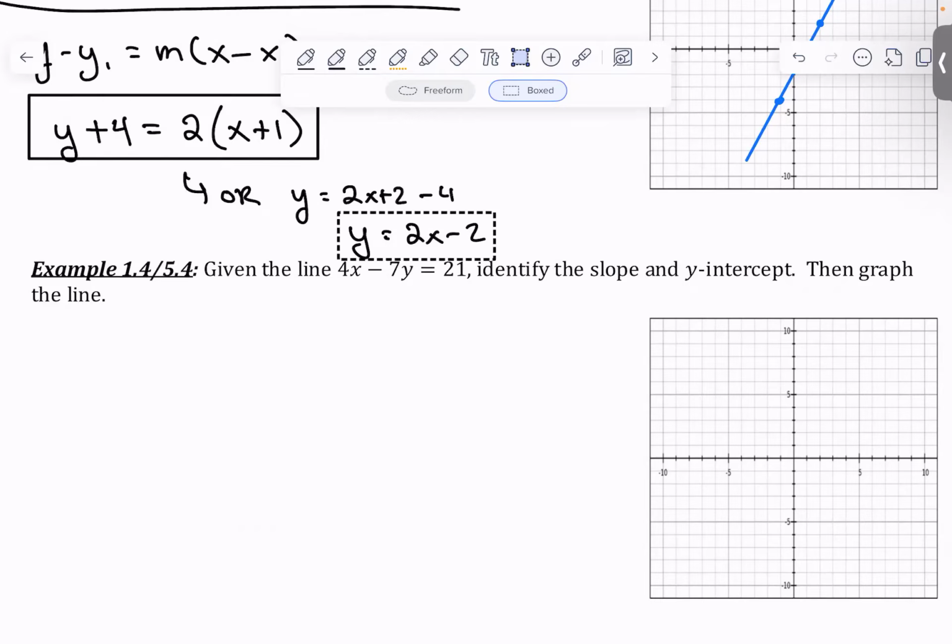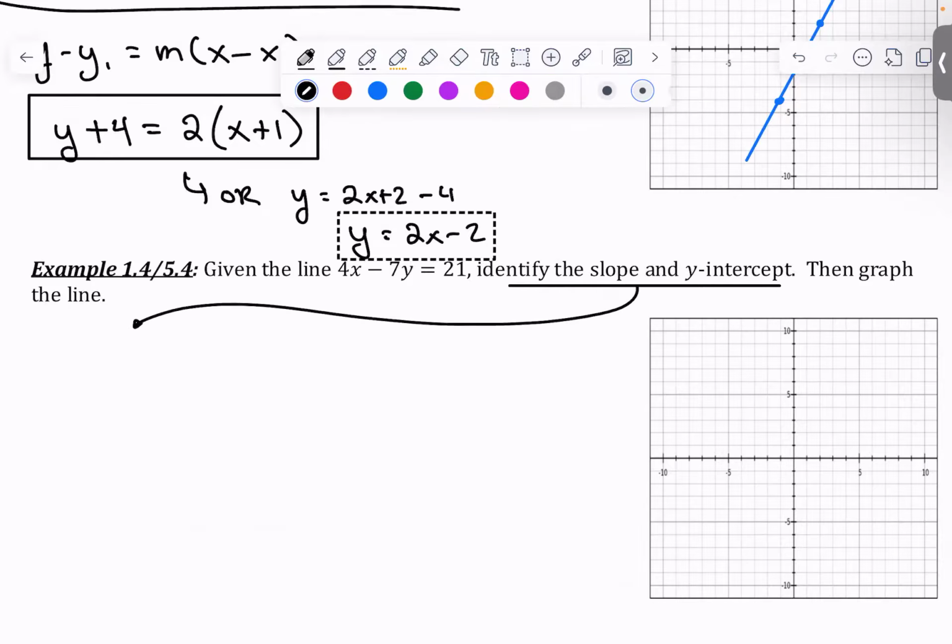Okay, the line is given to us in general form. It tells us to identify the slope and the y-intercept. So converting our line to slope-intercept form would be perfect.